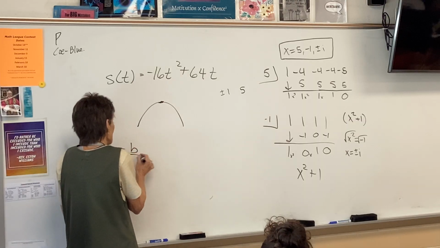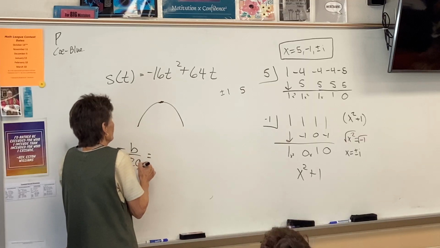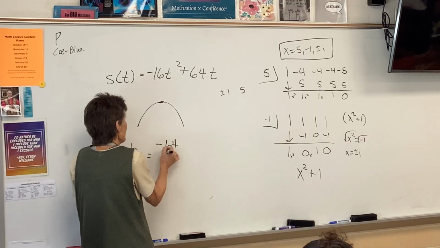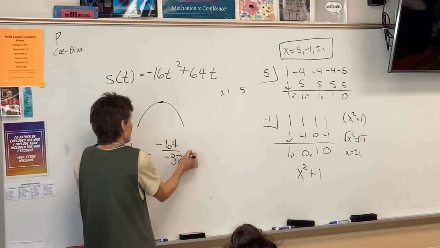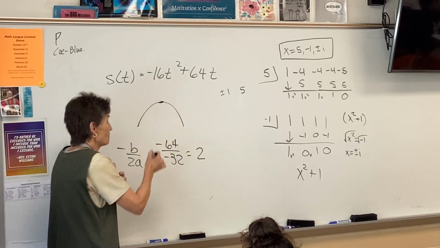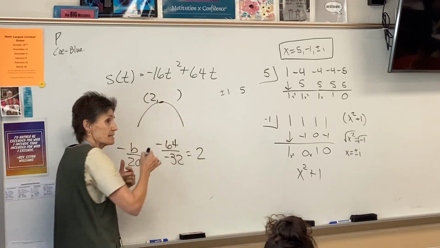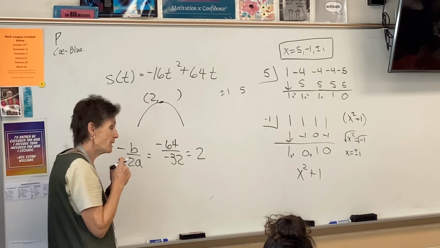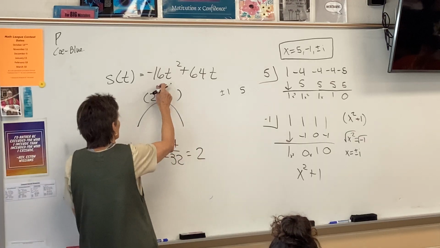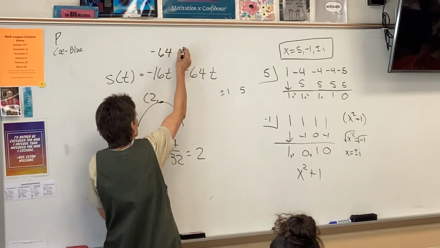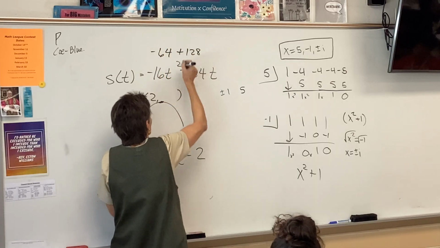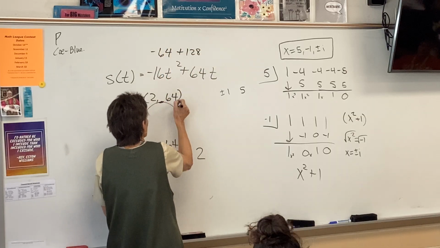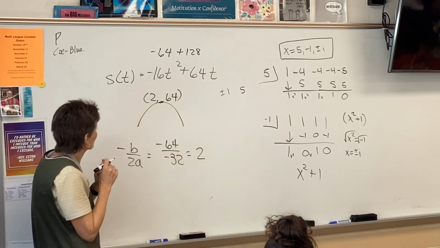Negative b over 2a. So we just get negative 64 over negative 32, which is 2. So the vertex is at 2, comma, then you fill that in, and it looks like 64. I did my math right.